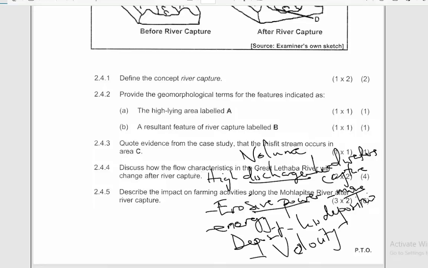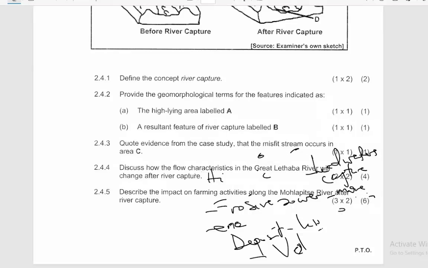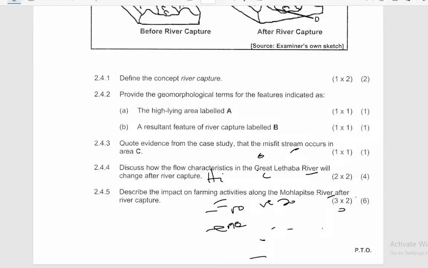Those are the key features that you should address. And when you're talking of flow characteristics as being affected by the process of river capture, you should be able to describe how they change after the process of capture has taken place.